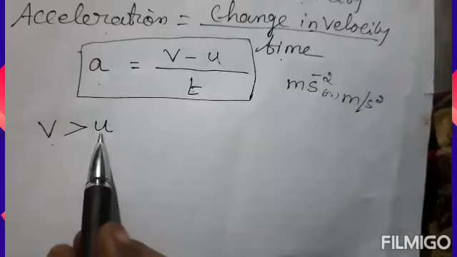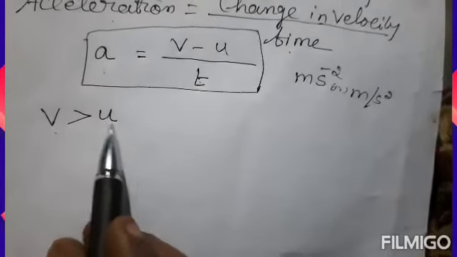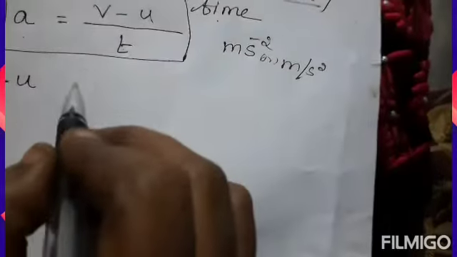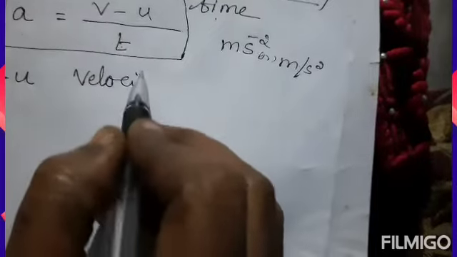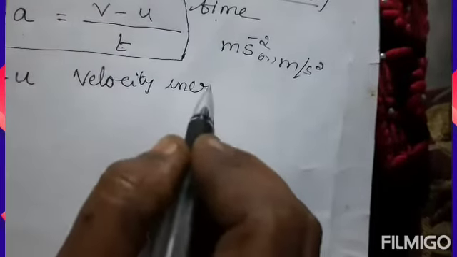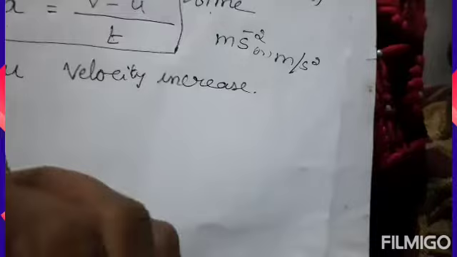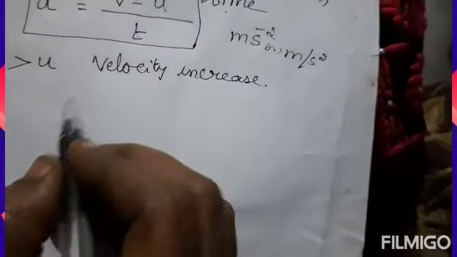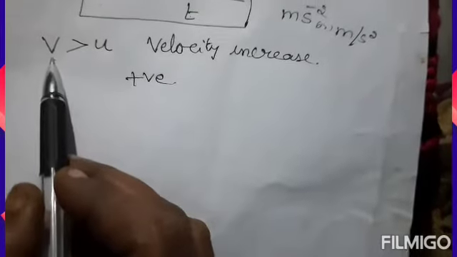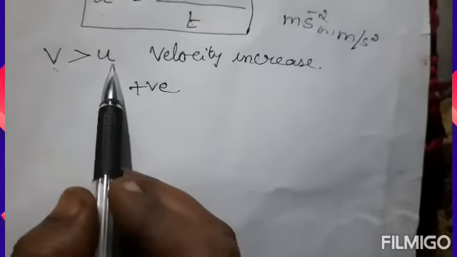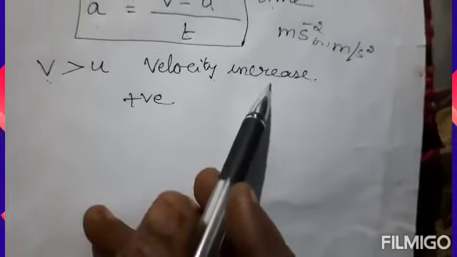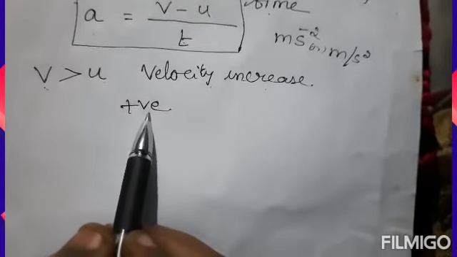So the velocity increases. What happened? Velocity increases, so the acceleration is positive.